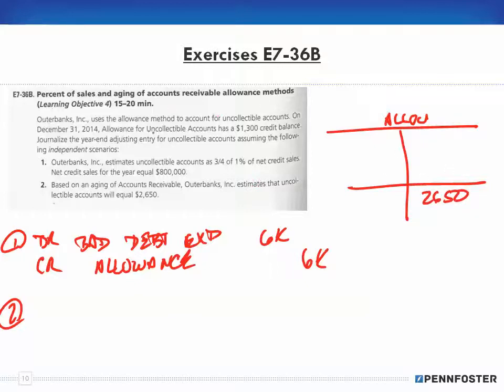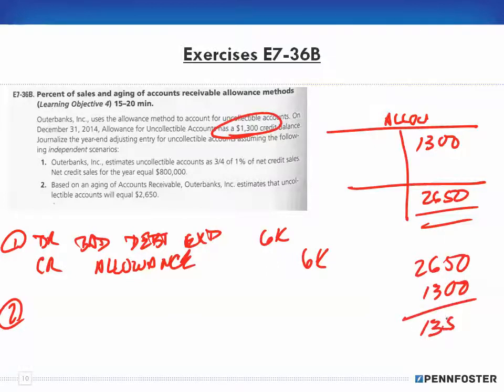And up here it says the balance in the account was a credit balance of $1,300. Right? So we have to make a journal entry for the difference between the two in order to arrive at a balance of $2,650. So obviously $2,650 less $1,300 is $1,350.